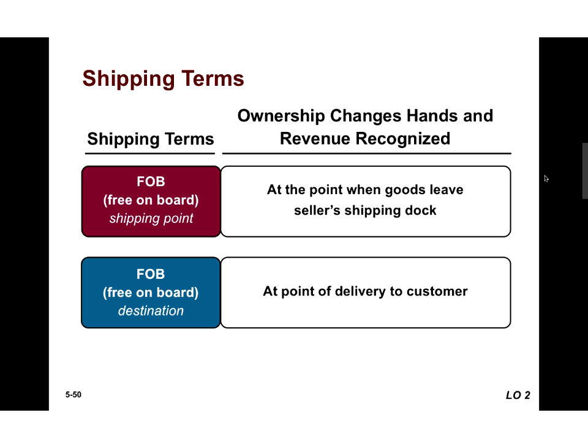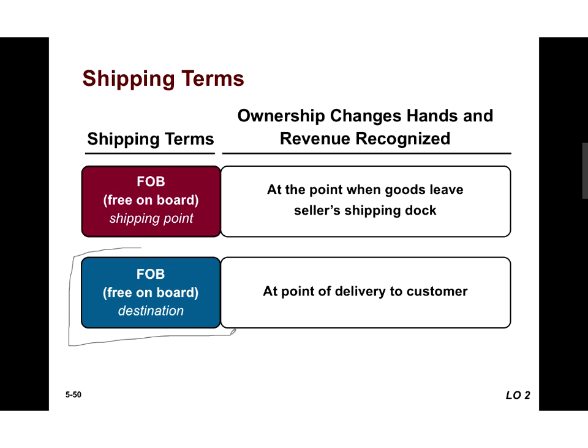Okay, so our question says when goods are shipped FOB destination. So the question is actually asking you this bottom scenario. When goods are shipped FOB destination, so when is revenue recognized?